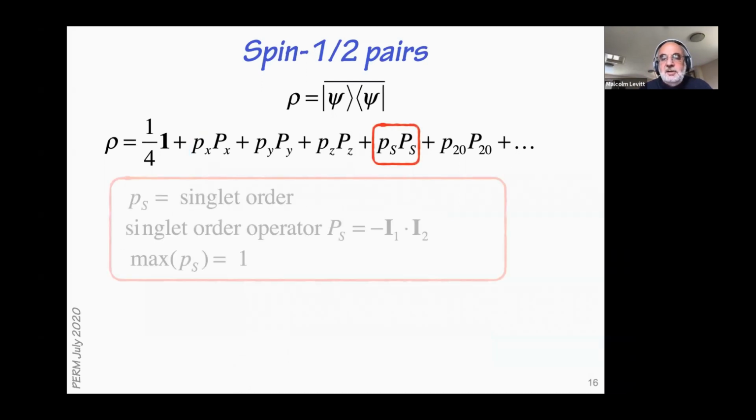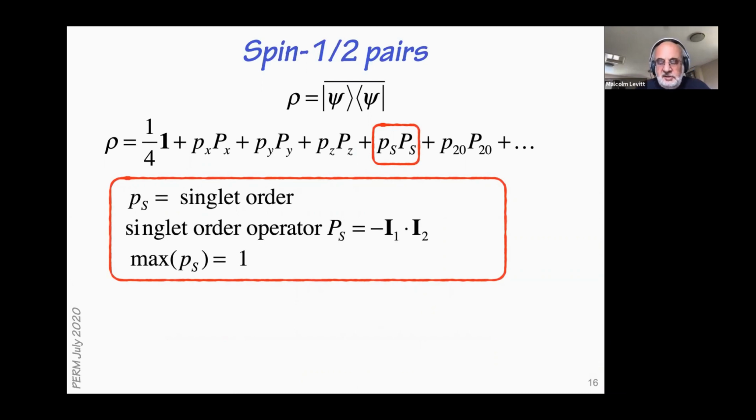And 2 of the interesting ones are the singlet order, which can be represented by an operator of this kind for the scalar order. Physically, that represents population difference between the singlet state and the triplet states. And its maximum possible value is 1.